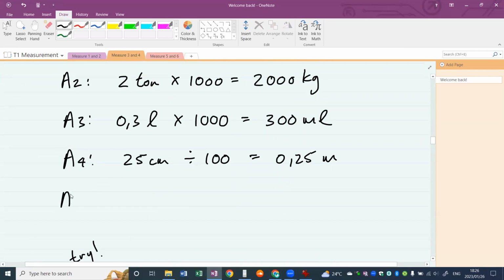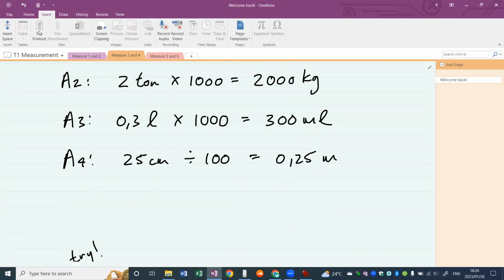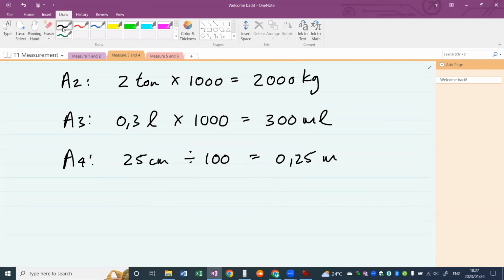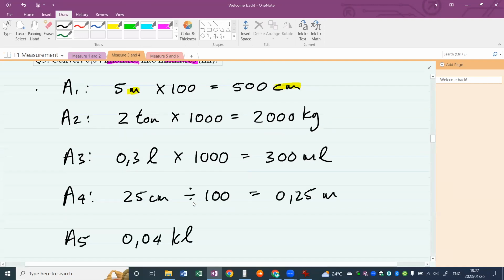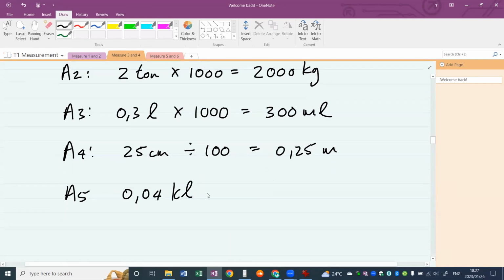All right. So the answer for question 5, I need more paper. Using lots of paper tonight. All right, answer for number 5. I've got 0.04, if I'm not mistaken, kiloliters. Yeah, and I need to times this by 1,000 to get to liters. We're doing 2 steps here first.